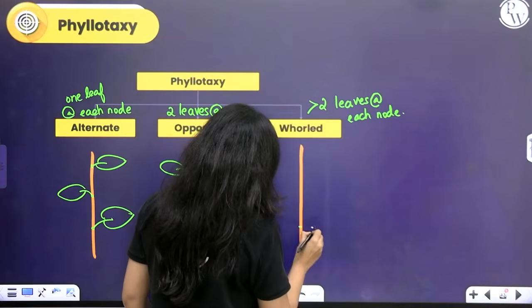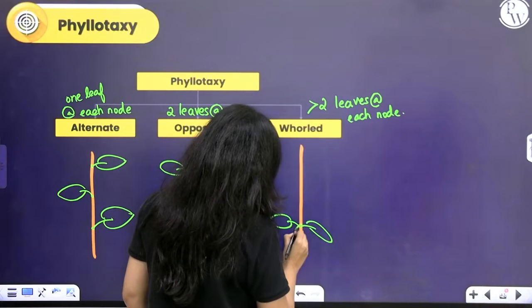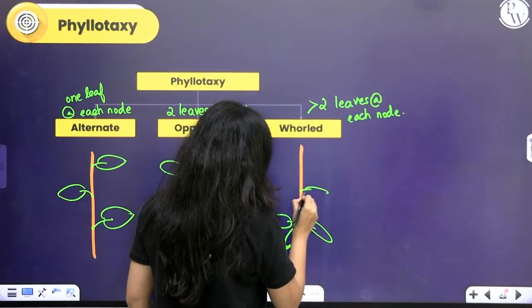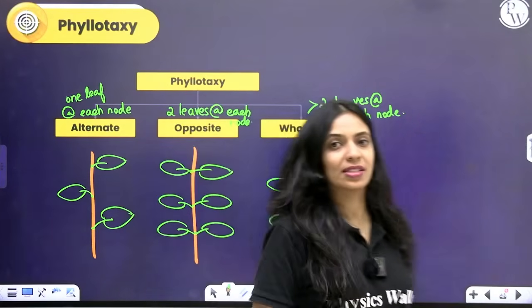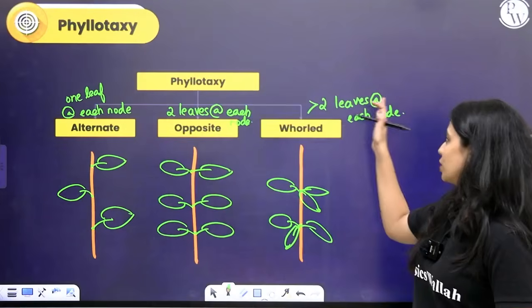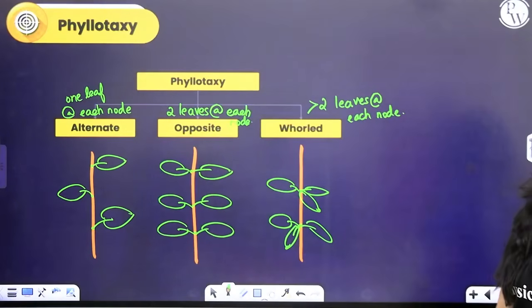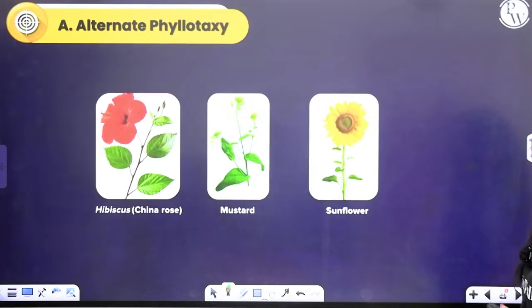Okay, so there's 1, 2, 3, 1, 2, 3 arising from the same node. If there is more than two leaves, then we call it whorled phyllotaxy. Okay, for this you will have to remember examples. Examples for alternate, you have hibiscus, which is also called China rose, mustard plant and sunflower.